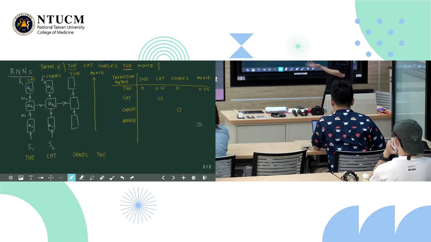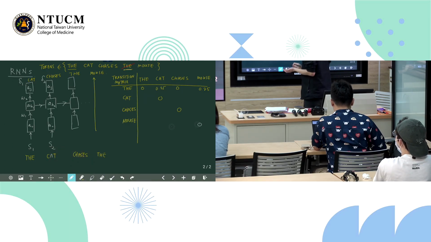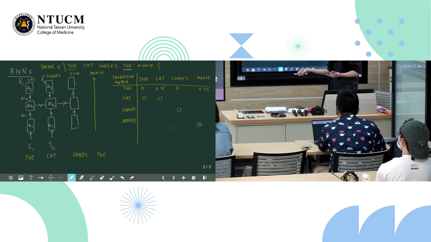Similarly, cat is never followed by the, so this is asymmetric. Yep, it's not symmetric. So the cat is not the same as cat the. Okay? Cat chases, 1 out of 4.